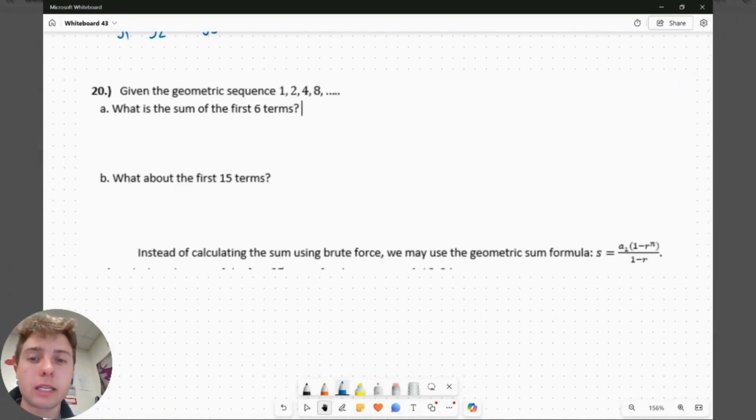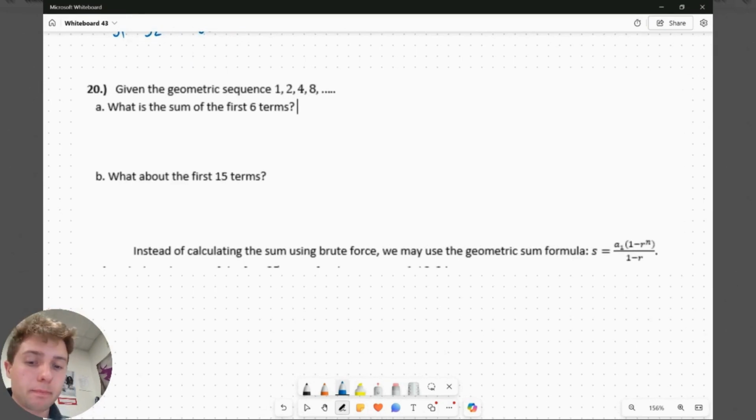The last thing we need to talk about is finding the sum. Realize sum generally means what is the total. What is the total found by adding the terms or whatever you're looking at together? Well, what they're asking us for first is what is the sum of the first 6 terms. Notice I have 1, 2, 3, 4 terms right now. I need the 5th and the 6th.